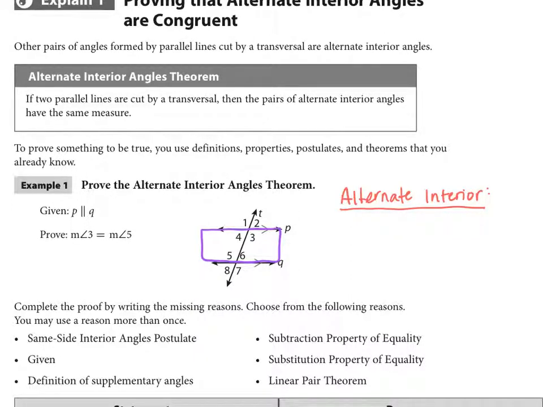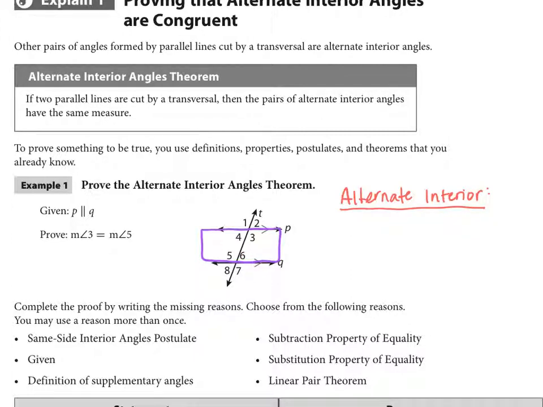Alternate is pretty much the opposite of same side. I'm no longer staying on the left side or the right side. We go angle 4, which is right here, and then on the opposite side, since alternate means switching sides, it's angle 6 right here. Angle 4 and angle 6.